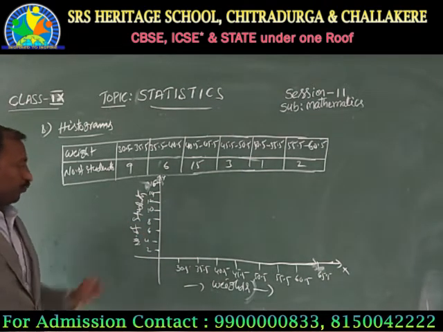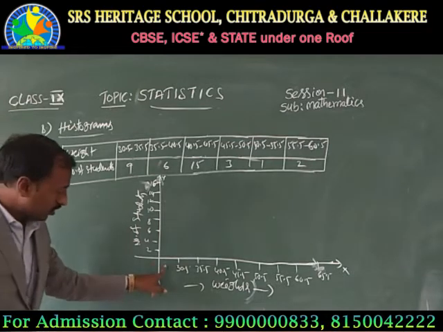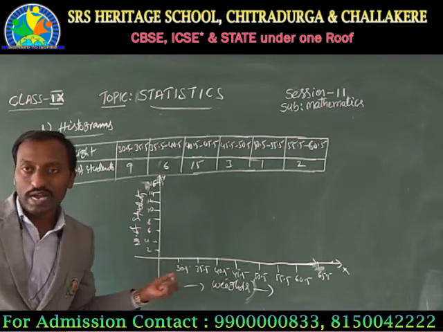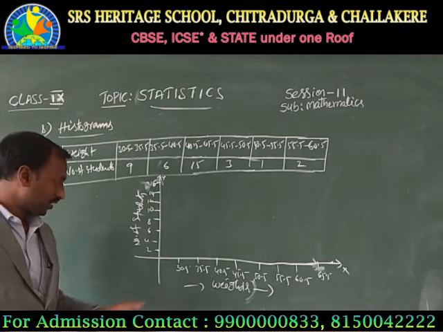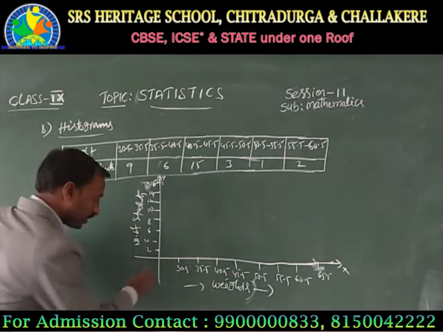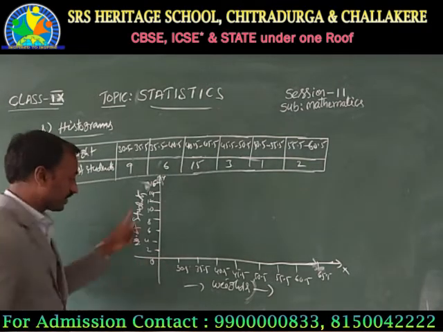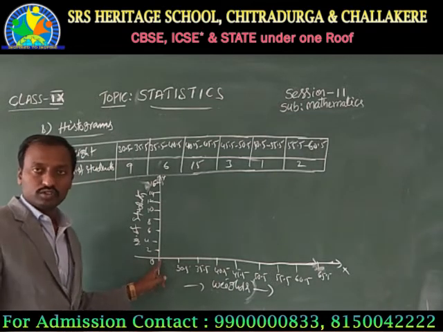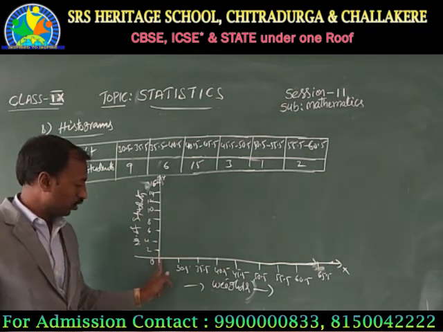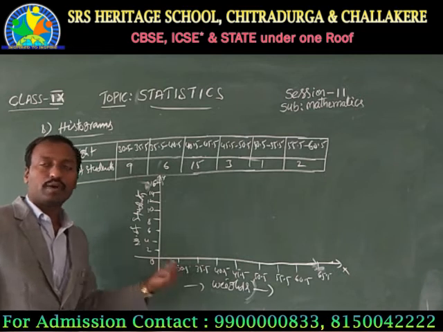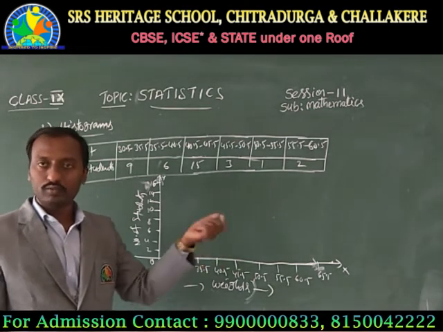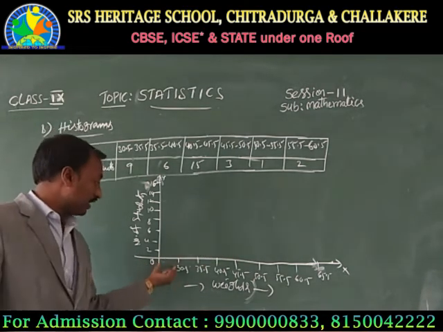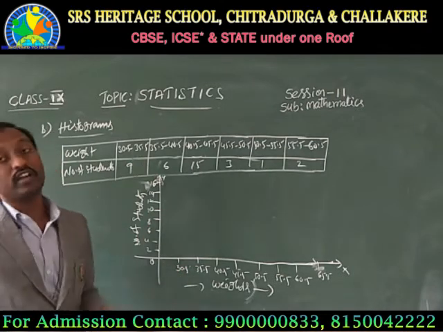Now we have to represent them. But you should observe that this is the point of intersection of the axes, where I have to start with 0. Then 0.5 variation, 1, 1.5, like that. But the starting value I consider is 30.5.